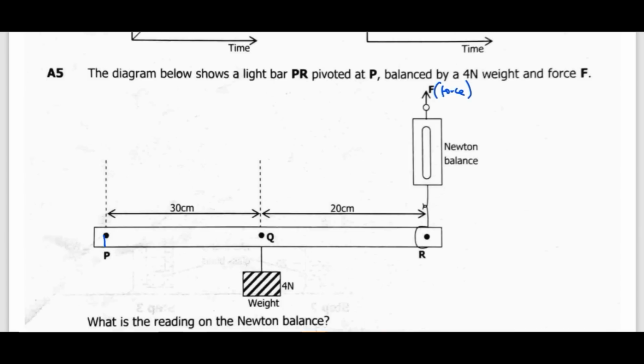Now, for us to understand what we are talking about, this question came from moments. In this question, we have force and weight. These two, force and weight, are equal because they are balanced.